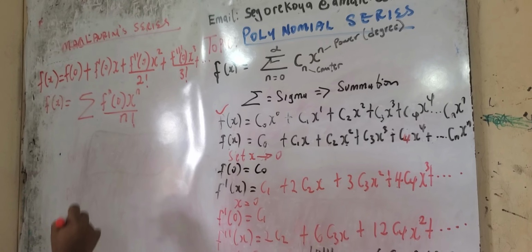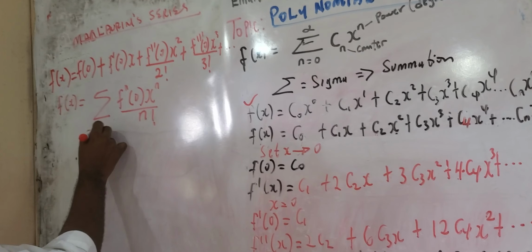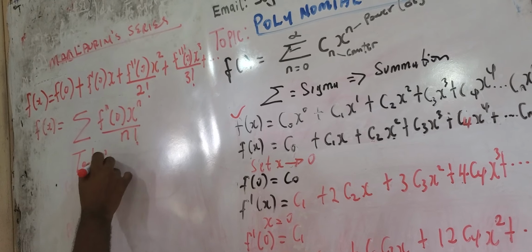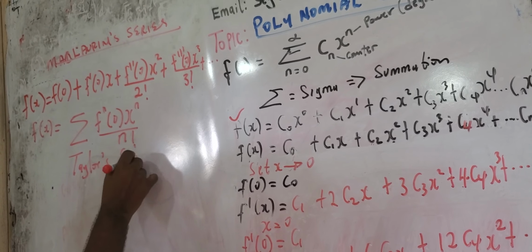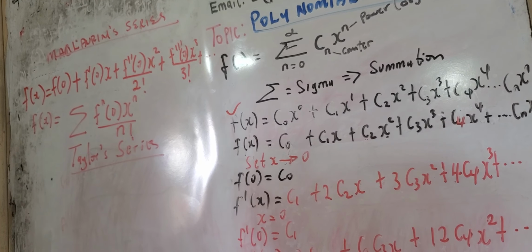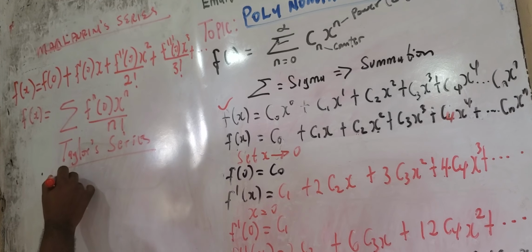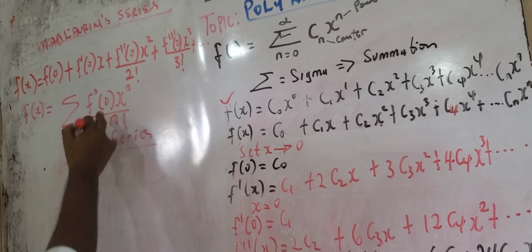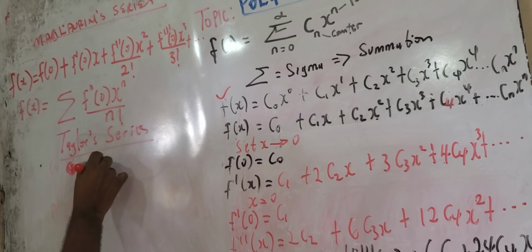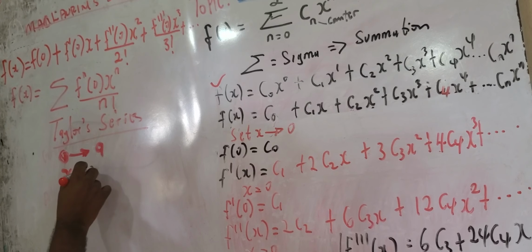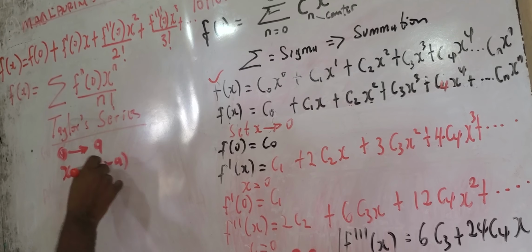Now, I want to write out the Taylor series from here. Taylor's series. When we want to form Taylor series from Maclaurin series, we set the 0 that I have here to be a, and the x that I have here to be x minus a.